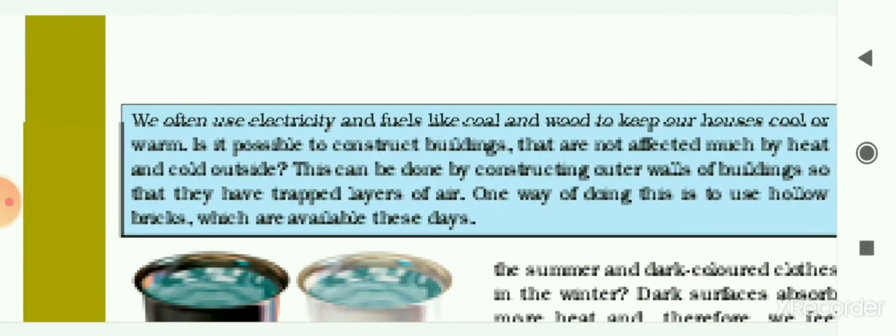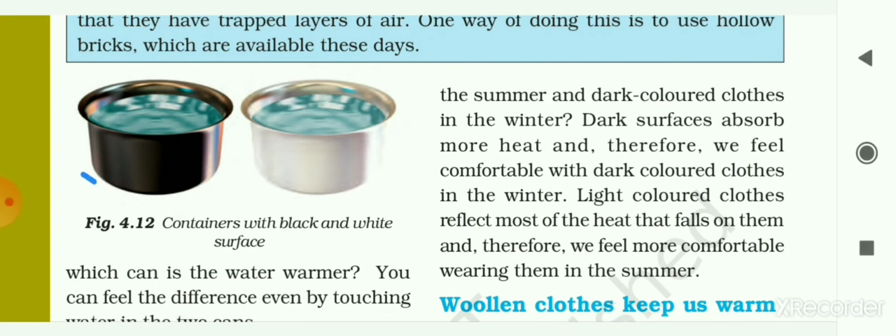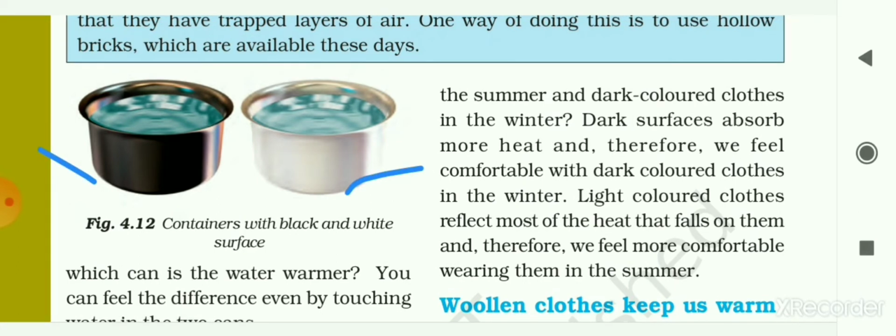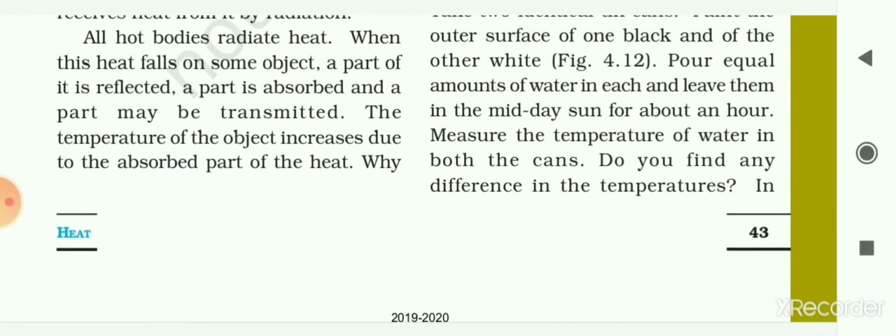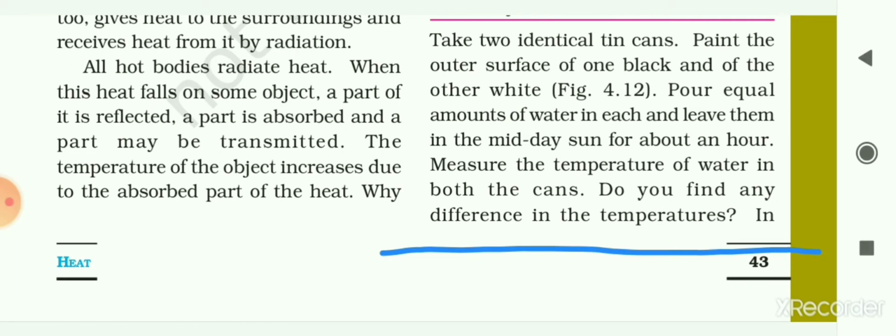Here in the figure it is shown to you two tin cans that we have taken, one colored black and the second one colored white. Now let me see what we have to do. Pour equal amounts of water in each tin can and leave them in the midday sun for about an hour.